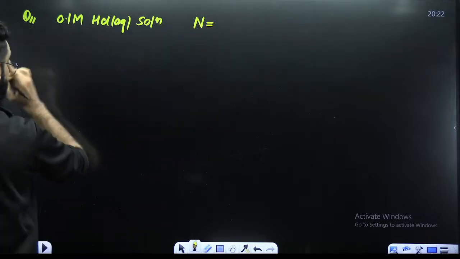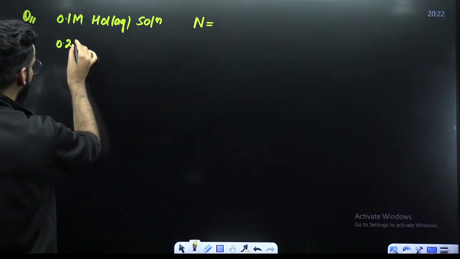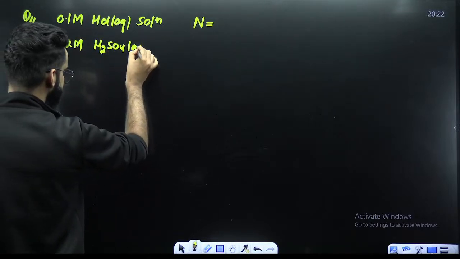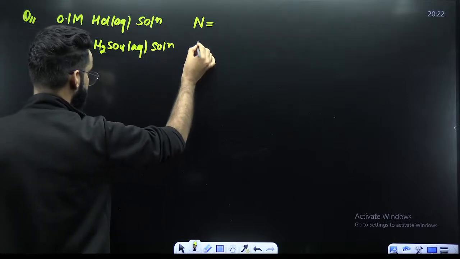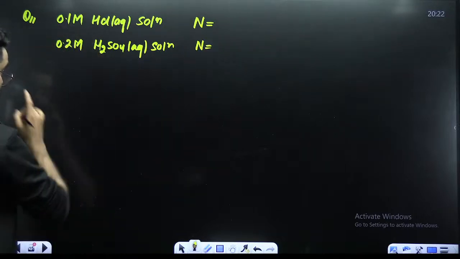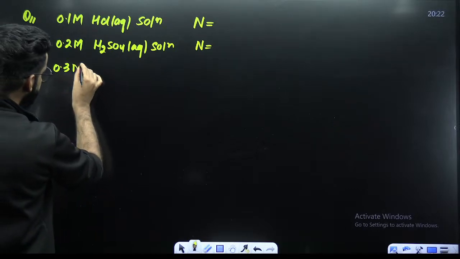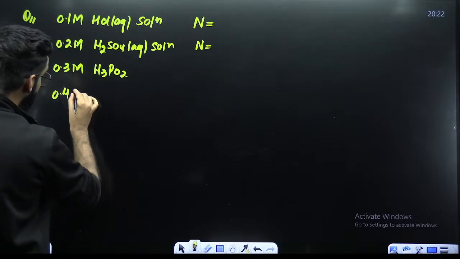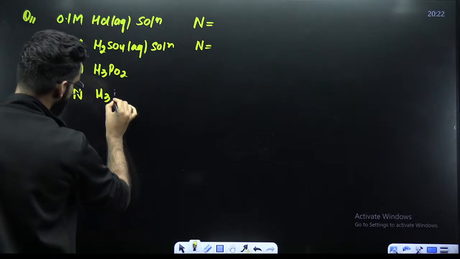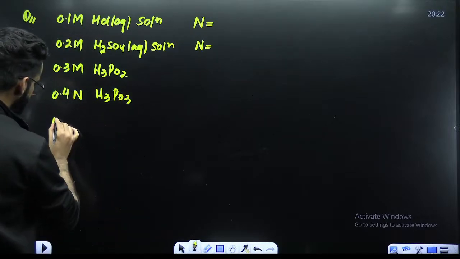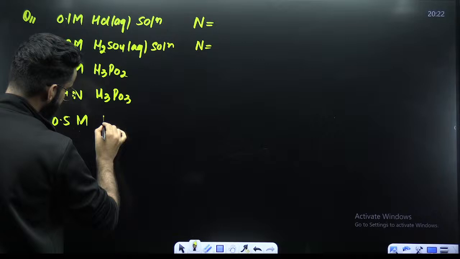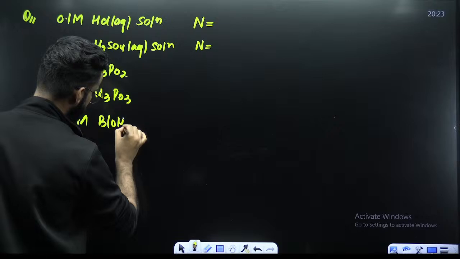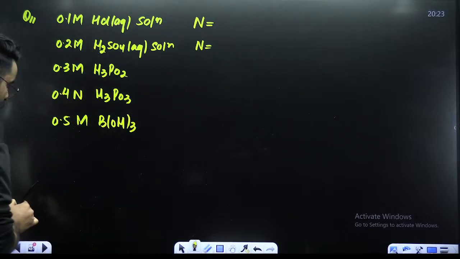Then, 0.2 molar H2SO4 aqueous solution, tell me about its normality. For example, 0.3 molar H3PO2. Let's say 0.4 normal H3PO3. For example, 0.5 molar B(OH)3 aqueous.